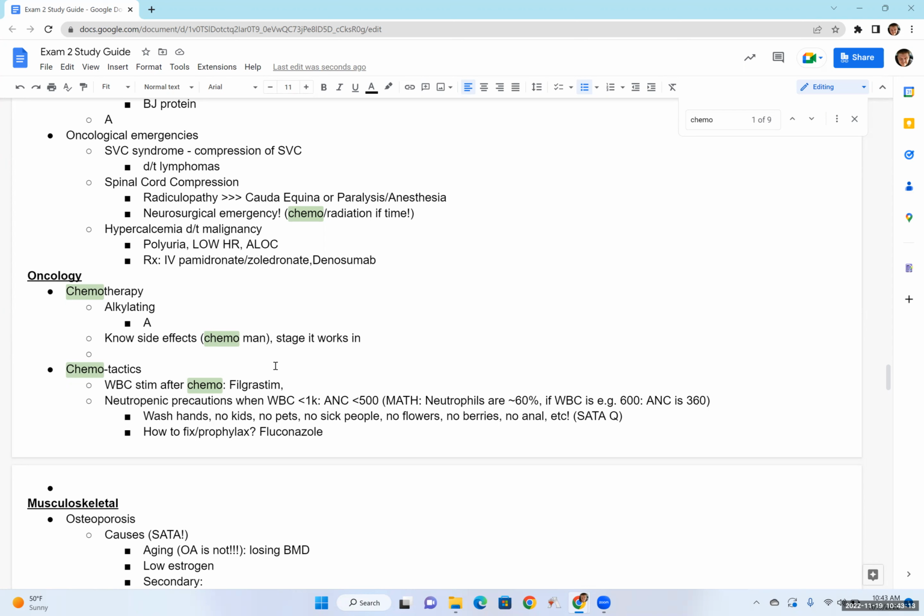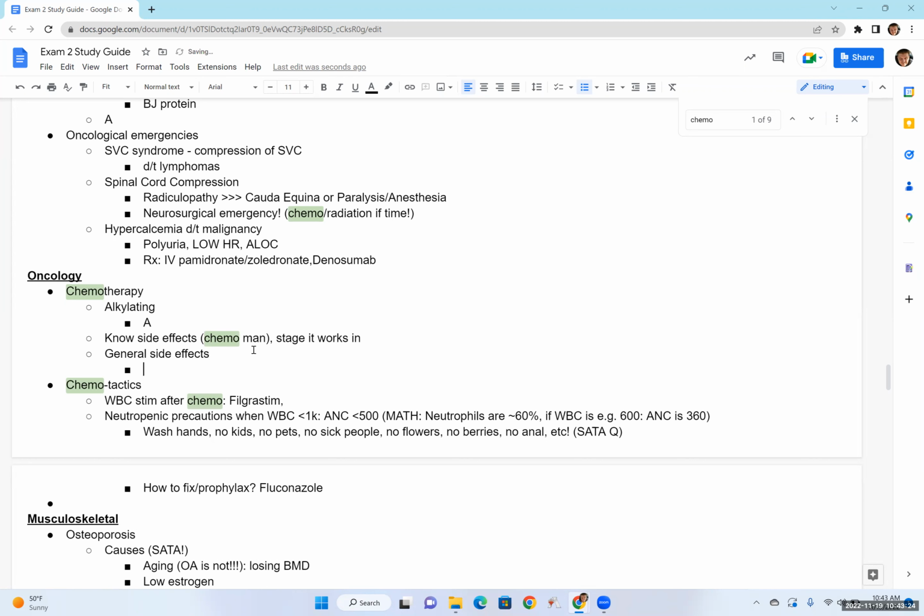But we also have the thin chemo man, I don't know a better name for it, like the general chemo symptoms, the general side effects. It's one of the slides, like the second or third to last slide. So going head to toe, what are some side effects? Alopecia.